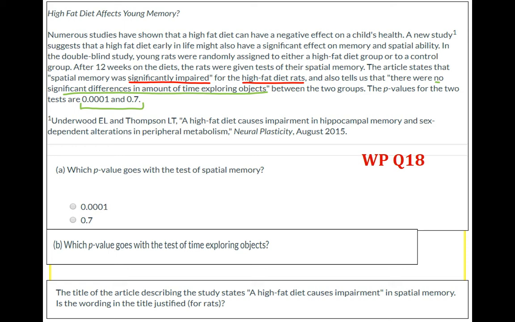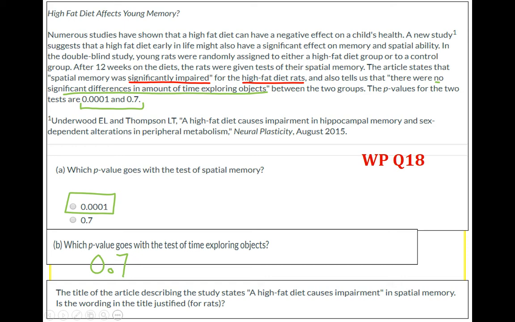A p-value which is really, really, really small is a significant measurement. When I go to the next one, it asks what's the p-value that goes with exploring objects? The article says there were no significant differences in exploring objects. Well, guess what? That one's 0.7. If you found nothing, it's larger than 0.05 standardly. If you found something, it's smaller than 0.05.